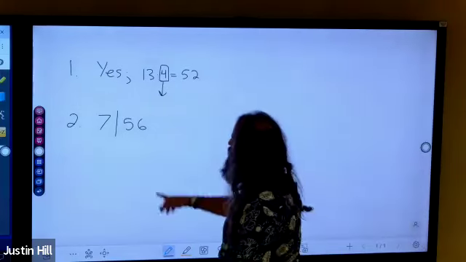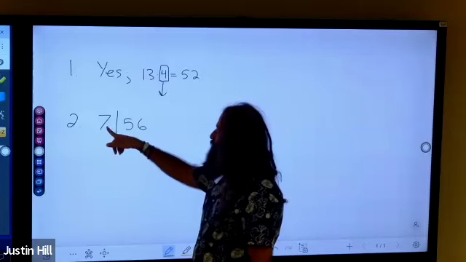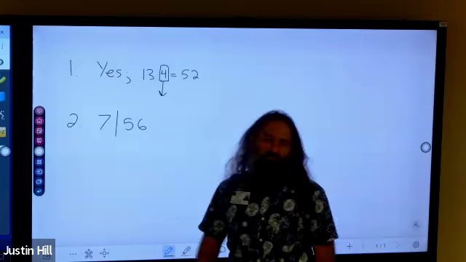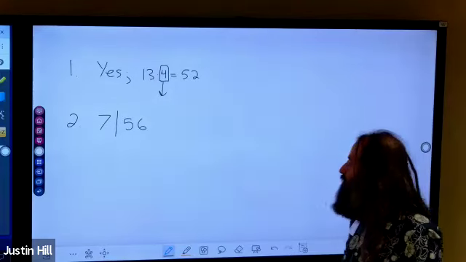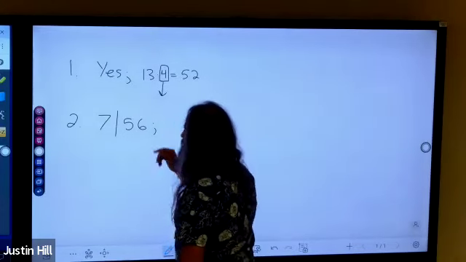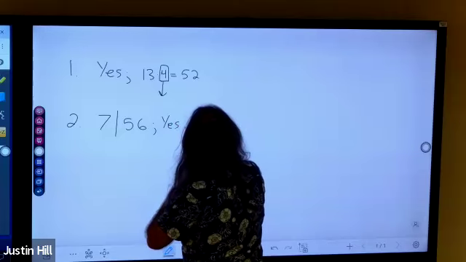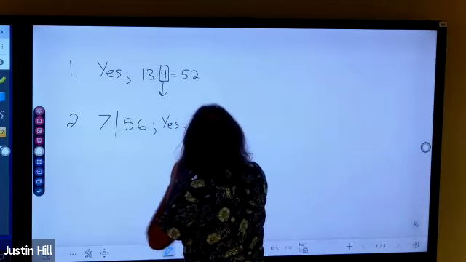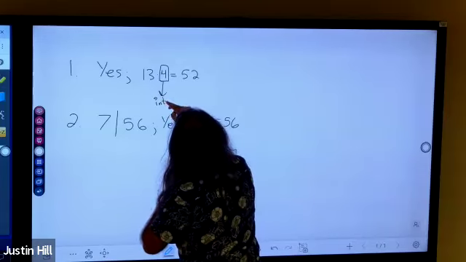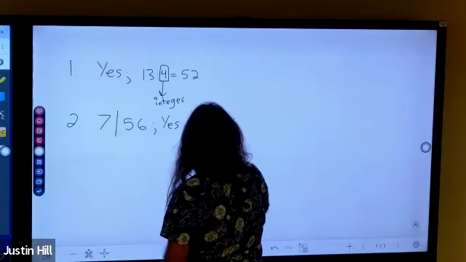So you want to read this symbol as 7 divides 56. The question is still, does 7 divide 56? And that's a yes, because 7 times 8 equals 56. Key here is the 8, the fact that that's an integer.